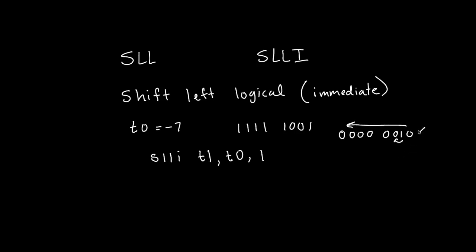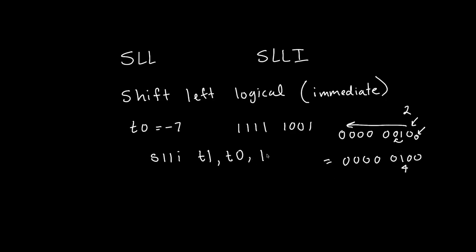We're going to insert a 0 right here. So the new value would be 0, 0, 0, 0, 0, 1, 0, 0. So this value is 4, whereas before it was 2. But we only shifted it over once.